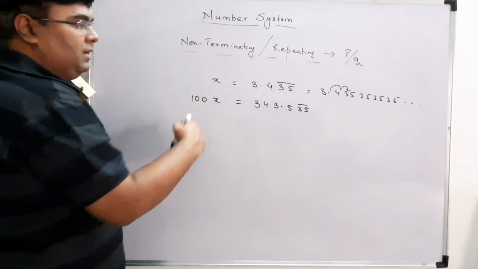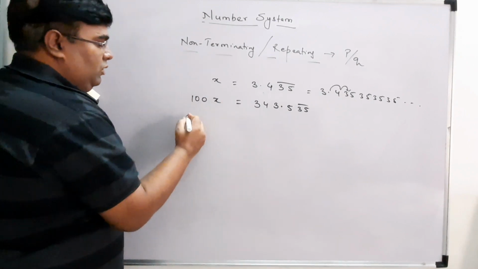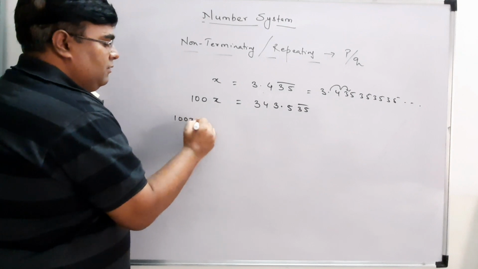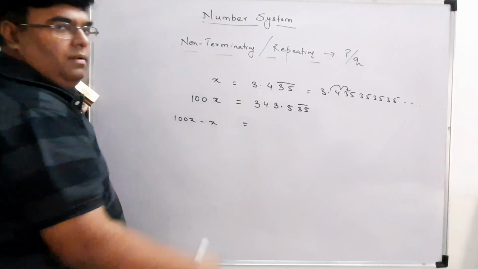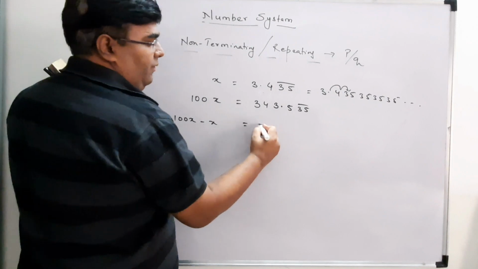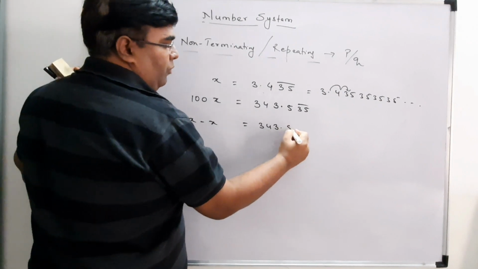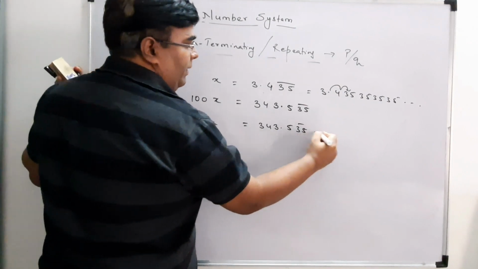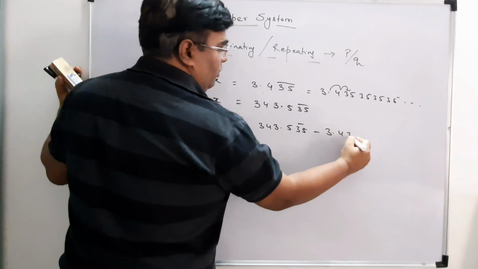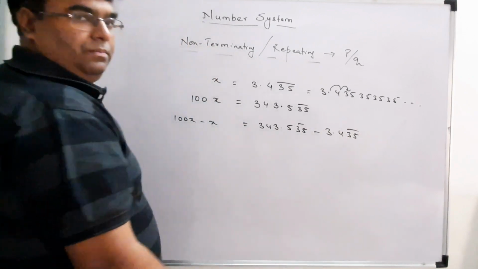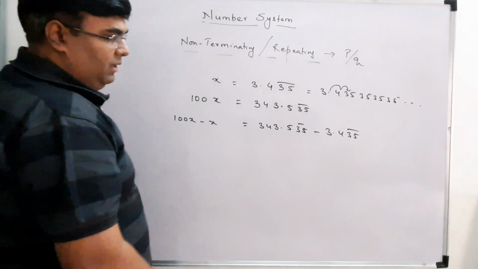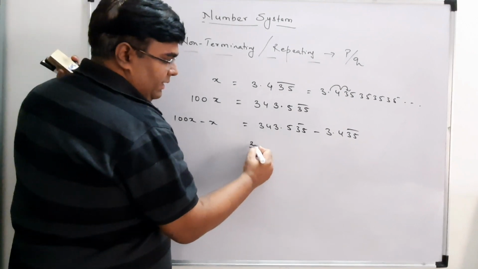Now you can subtract again. So 100x minus x will give you 343.535 bar minus 3.435 bar. Now if we subtract this, let us write it vertically.